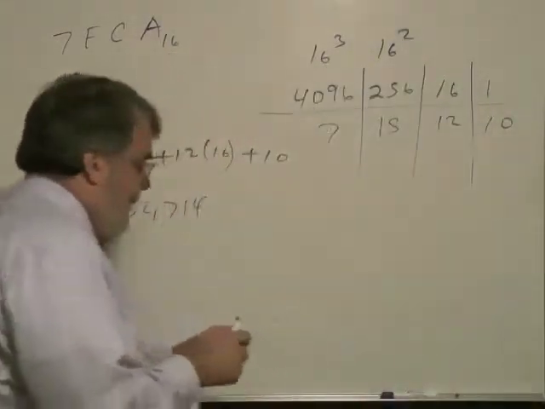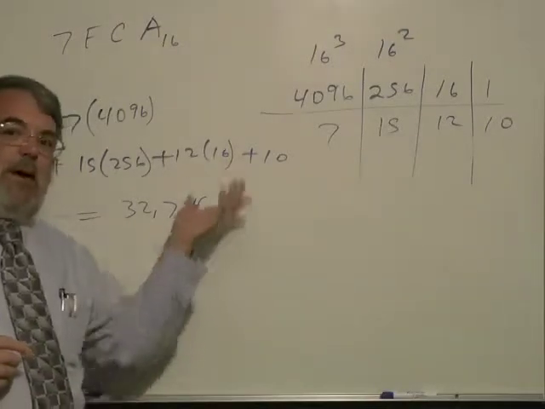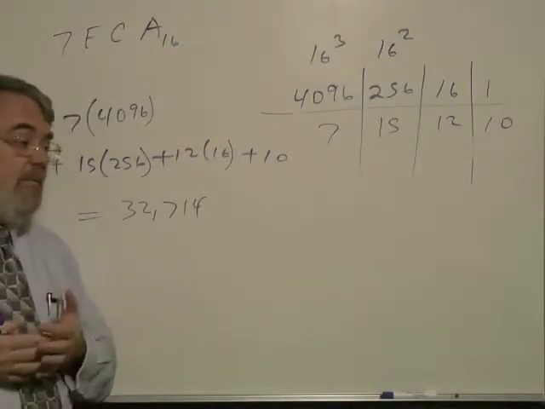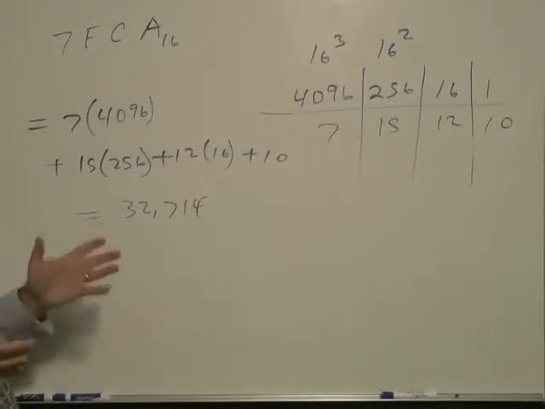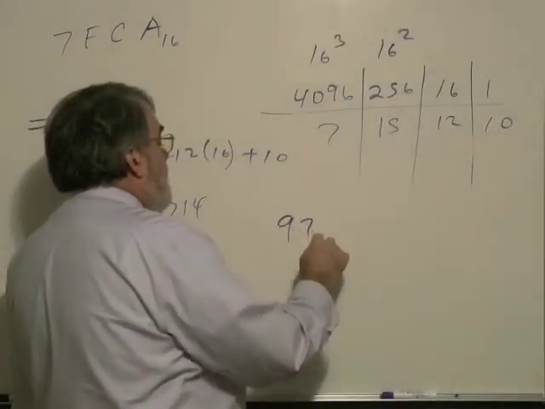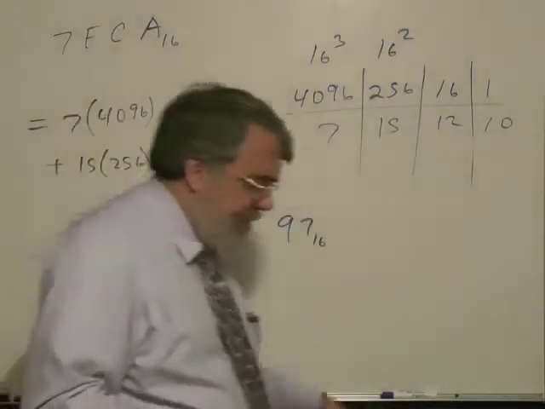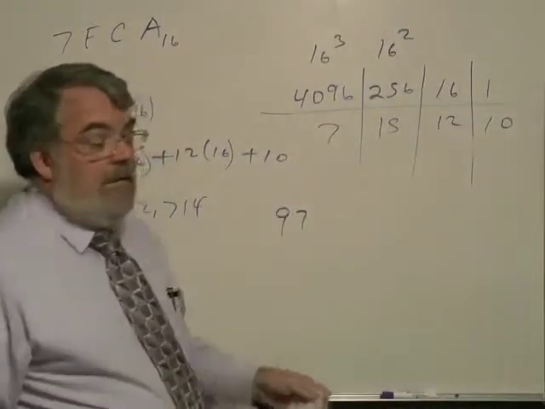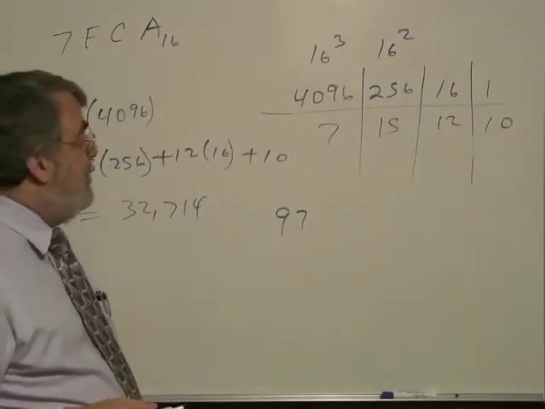All right, now we can discuss converting base 10 numbers back to base 16 numbers. It's very similar to how you would work with octal or even with binary. And let's do a short one. Suppose your number is 97 in ordinary base 10, and you want to convert to hexadecimal.